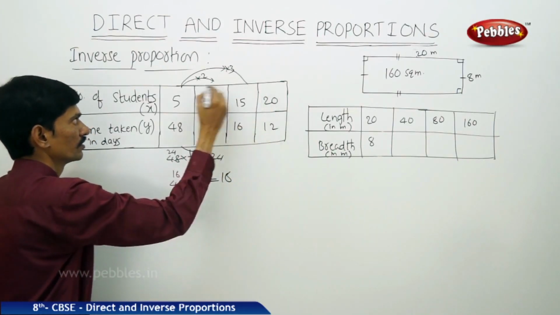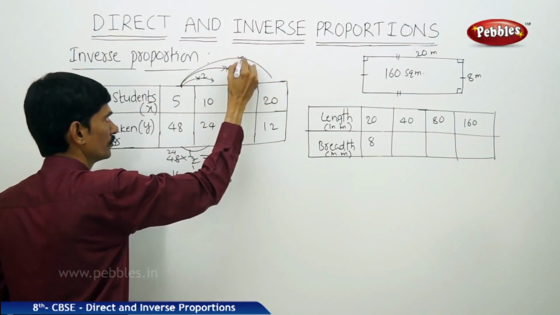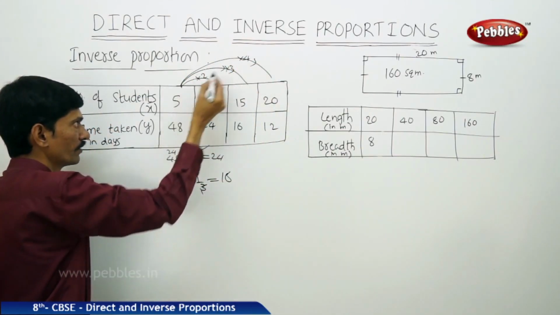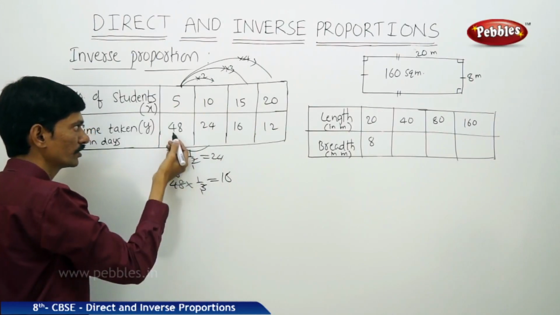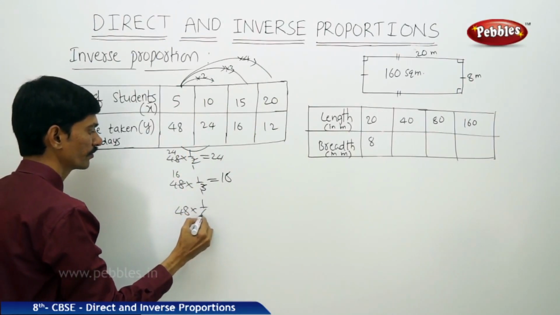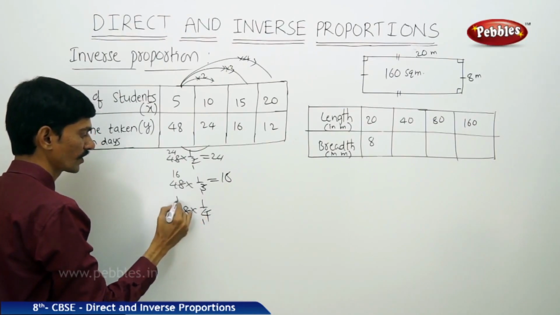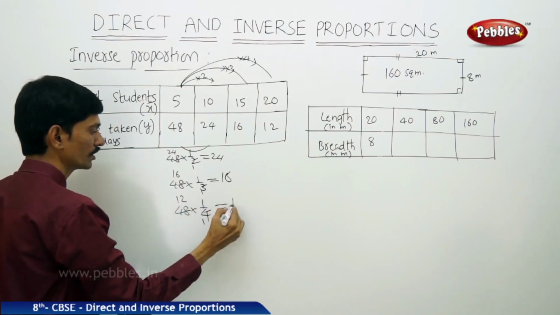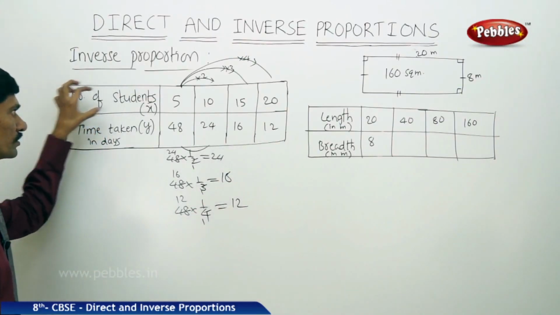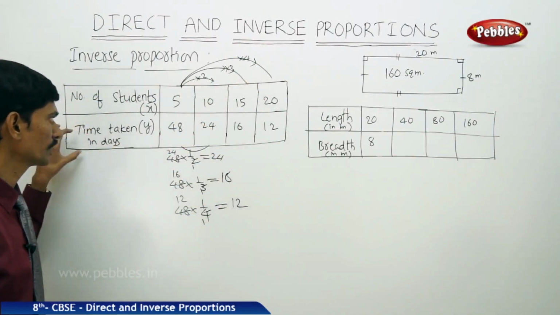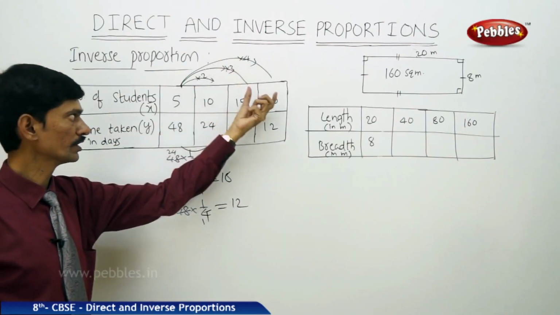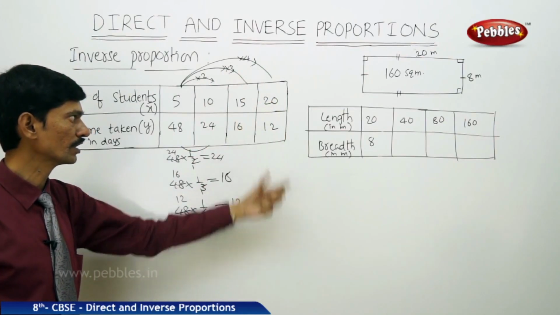Now 5 into 4 is 20. When you multiply 5 by 4, we get 20, so we should multiply 48 by 1 by 4. Then 4 ones are 4, 12s are 48, so we get 12. So 20 students can complete the work in 12 days.